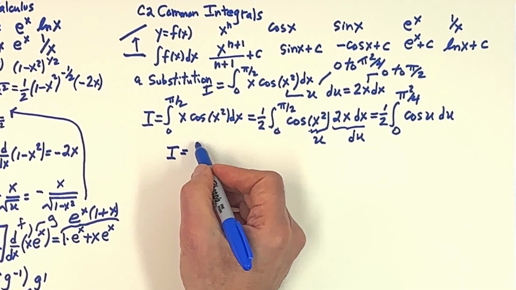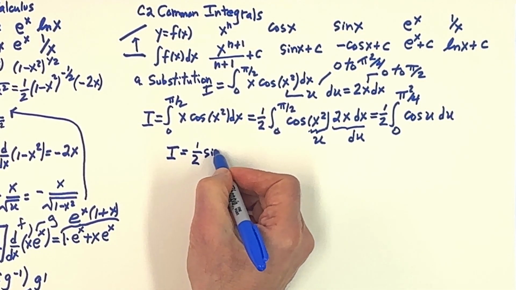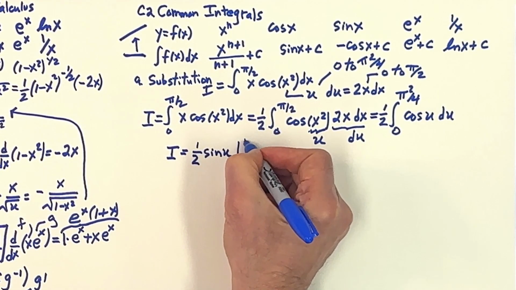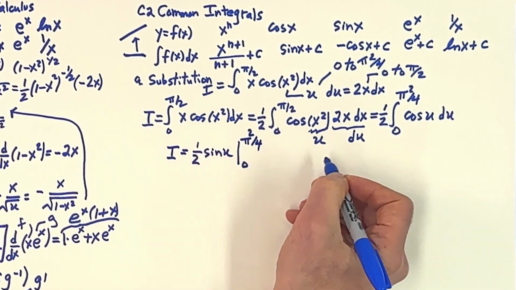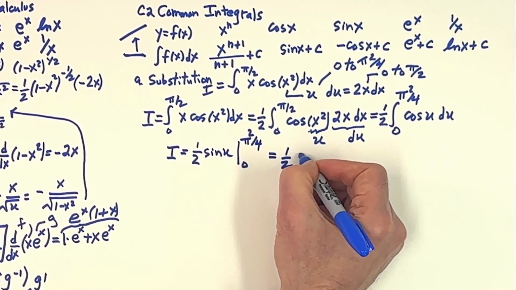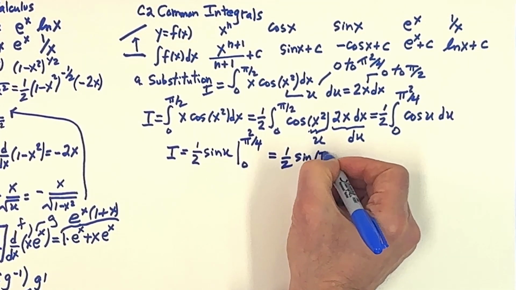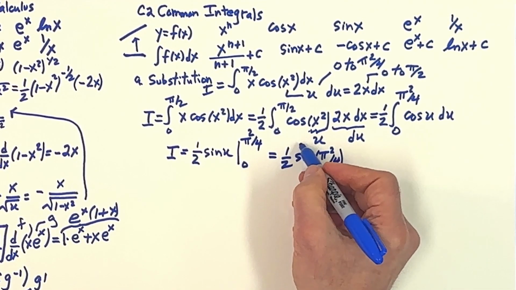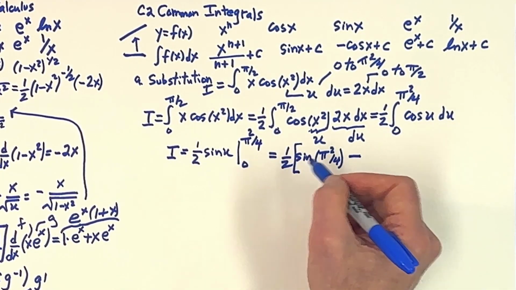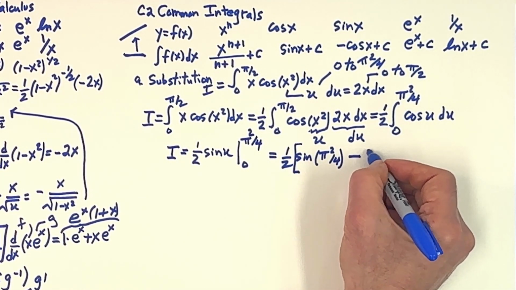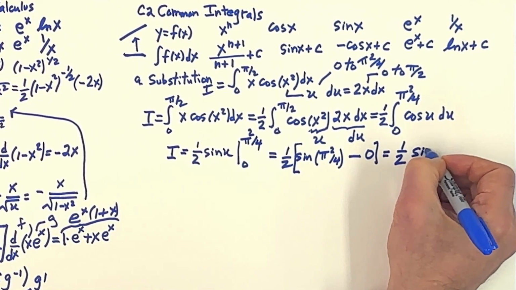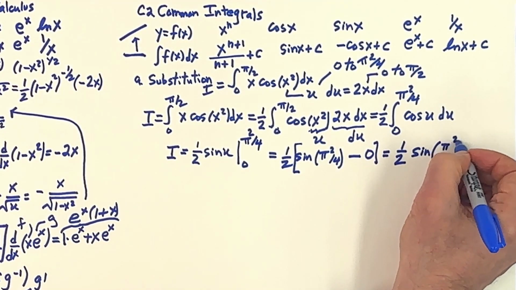So this is going to be 1/2 times the sine of u, and we're going to go from 0 to pi squared over 4, and that's going to be 1/2 of the sine of pi squared over 4, and then minus what it is at the lower limit, which would be the sine of 0, which is 0. So the answer is 1/2 times the sine of pi squared over 4.